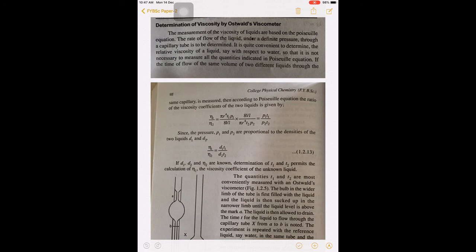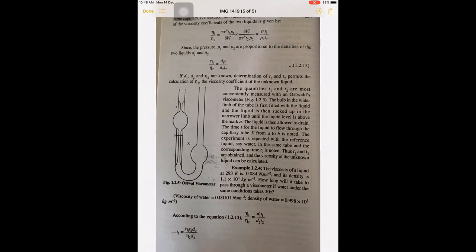If we calculate the viscosity of two liquids comparatively in the same capillary tube or in the same viscometer, then the other terms, that is the length, the volume, the radius of the capillary, all get cancelled, and only the remaining values required are in this equation: eta 1 upon eta 2 is equal to pi r raised to 4 t1 P1 divided by 8 V into L.